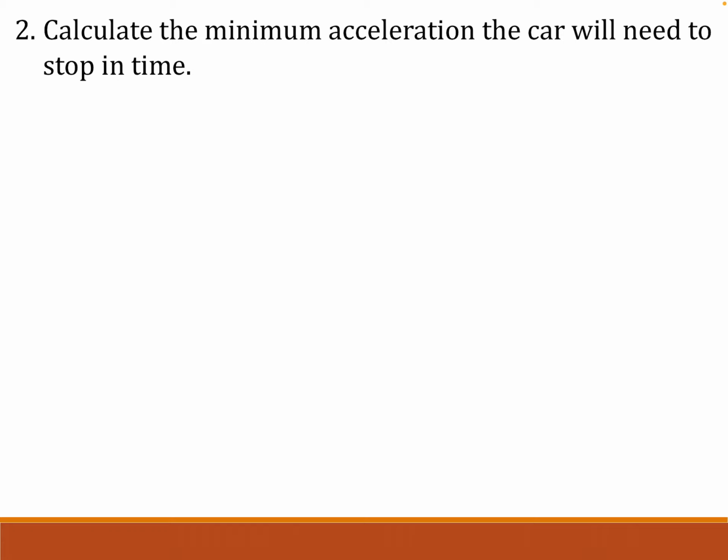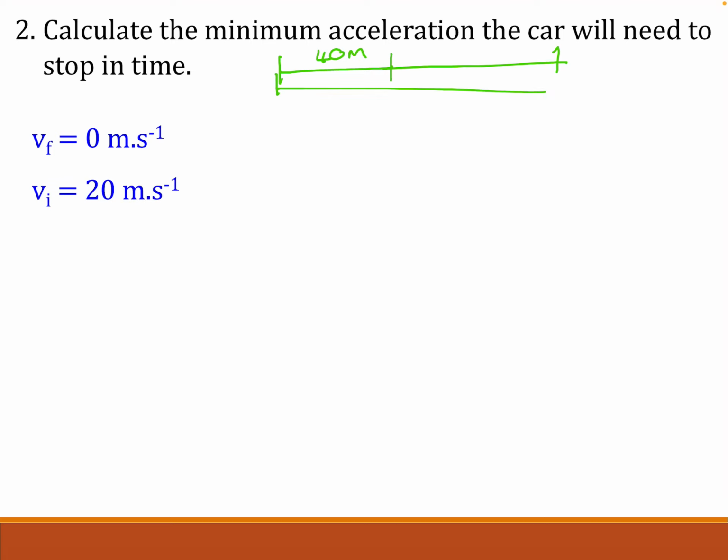Now they want the acceleration needed for the car to stop. Now remember, I've already traveled 40. My total distance from here to here was 140. That means he has to go 100 meters.